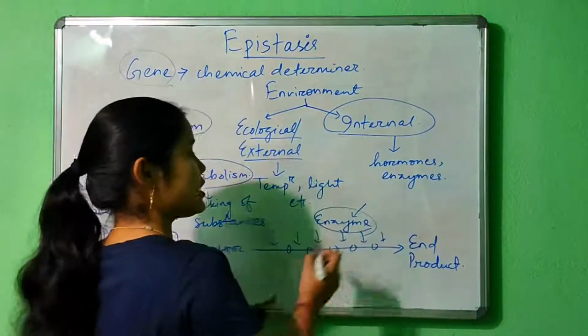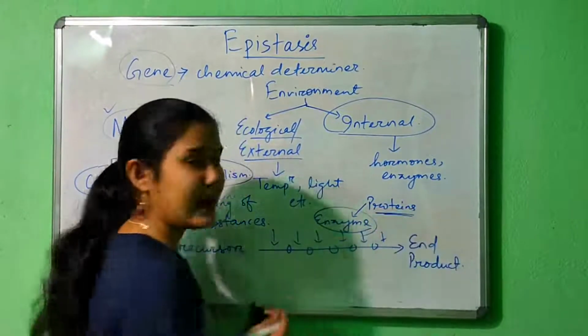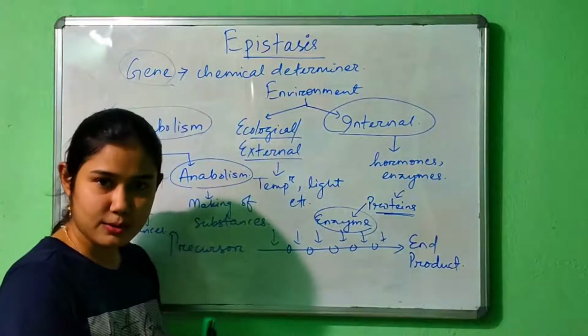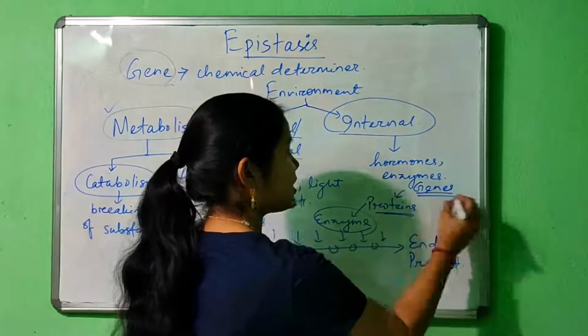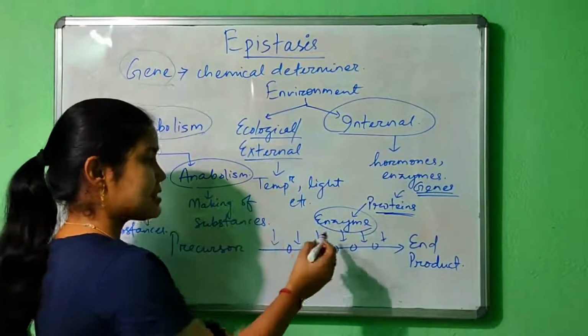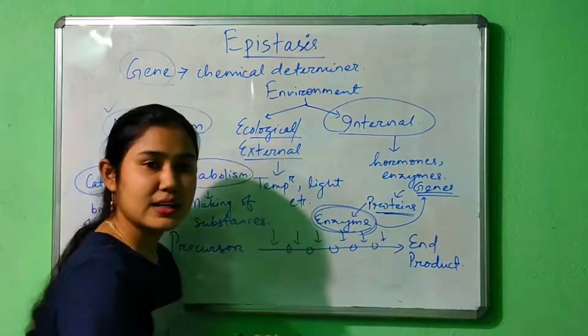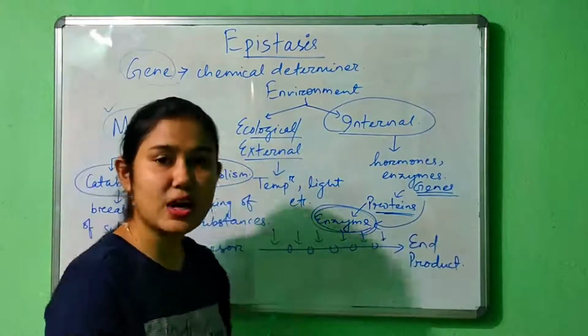And these enzymes are proteins, right? And the organization of proteins is dependent upon genes. So we can say that the enzymes are the ultimate products of genes, right?